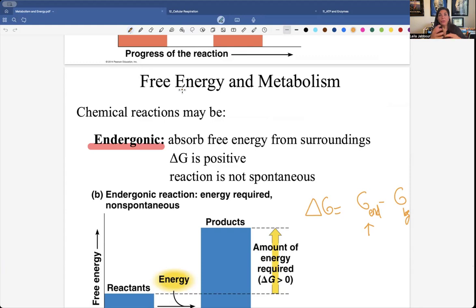And now this would be called an endergonic reaction. So endergonic reactions, I'm reminding you what we learned in a previous lecture, absorb free energy from the surroundings. So, hey, energy that can come out of an ATP molecule.